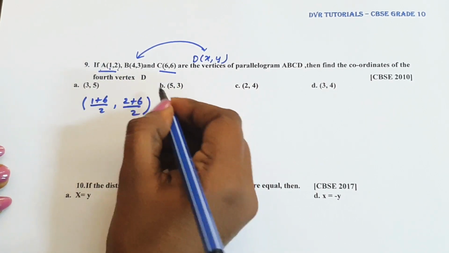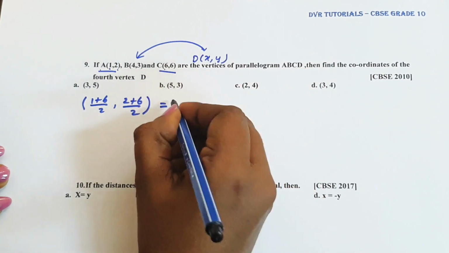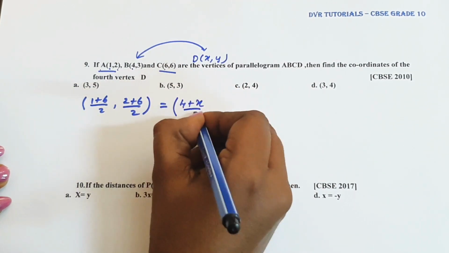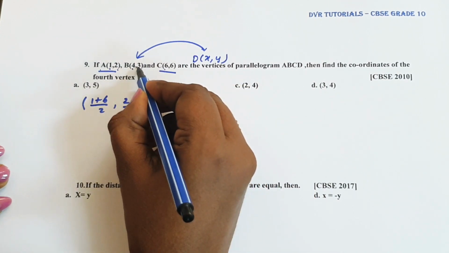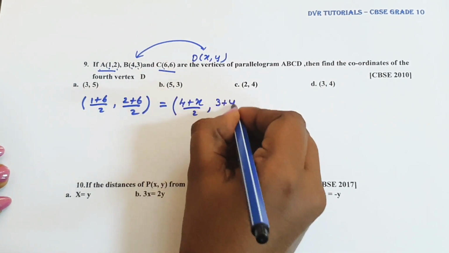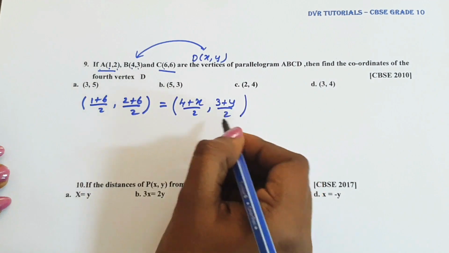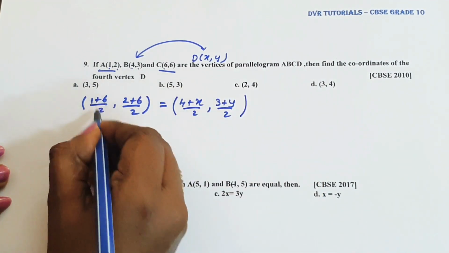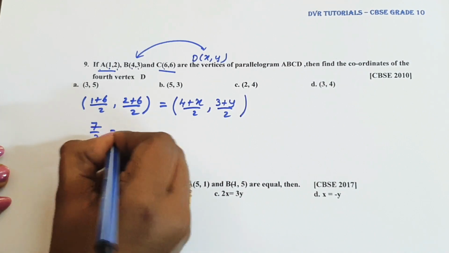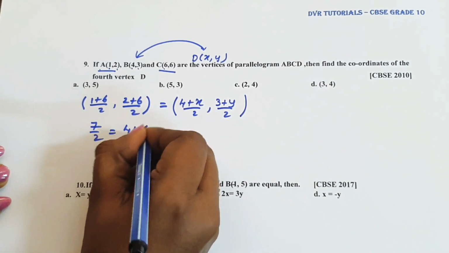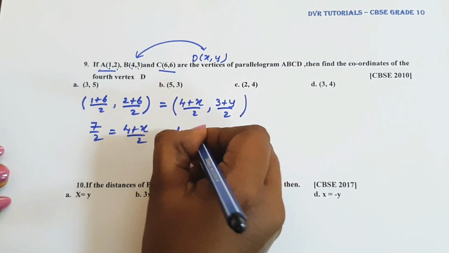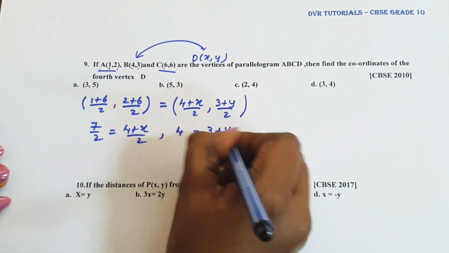That should be equal to the midpoint of BD. So that will be (x1 plus x2), 4 plus x by 2, and (y1 plus y2), 3 plus y by 2. Now, as usual, we can equate the like coordinates. So 7 by 2 is equal to 4 plus x by 2. Also 8 by 2, which is 4, is equal to 3 plus y by 2.